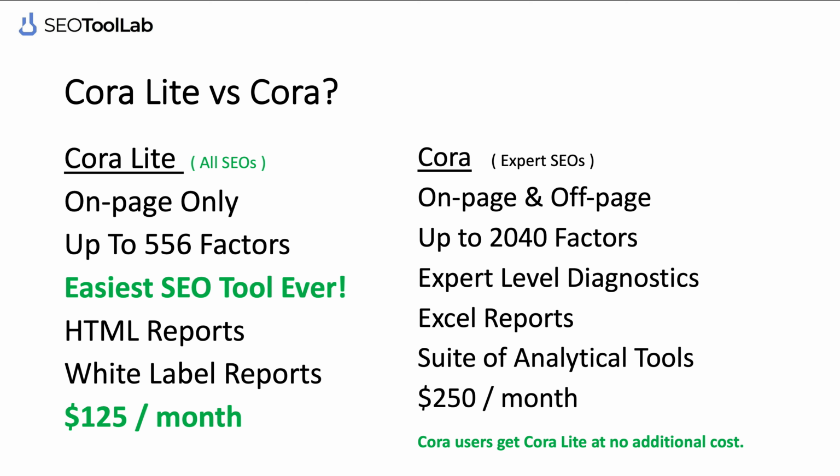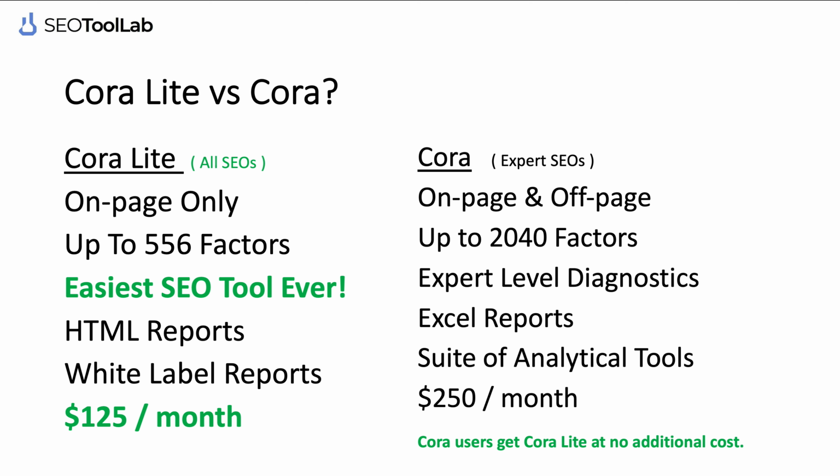So Cora Lite is an on-page only tool, whereas Cora is capable of doing on-page and off-page and using lots of third-party APIs to get extra information. Cora Lite only measures up to 556 factors, all on page, whereas Cora can go up to 2,040 factors.